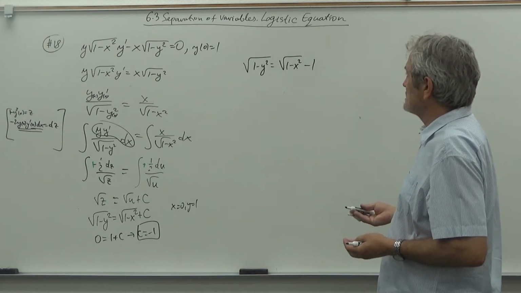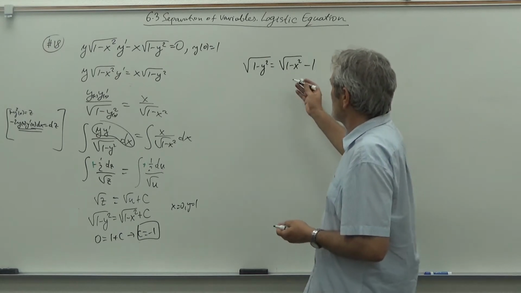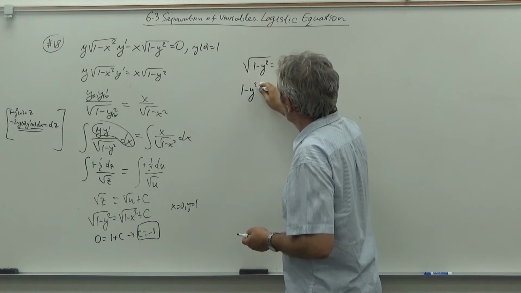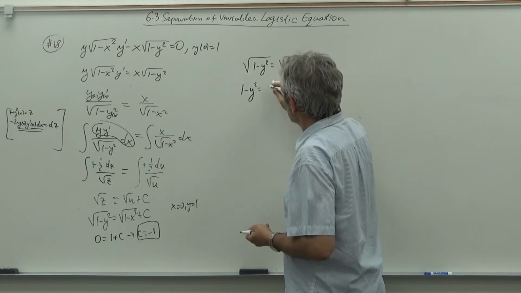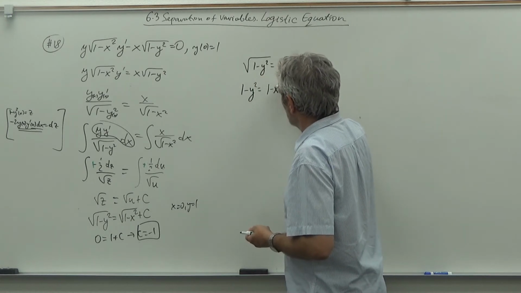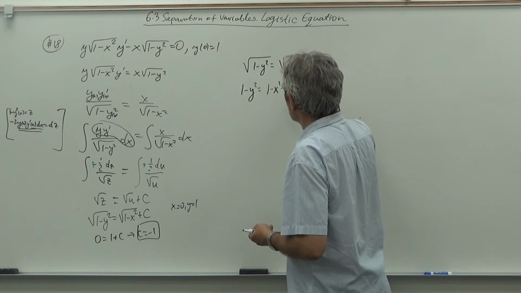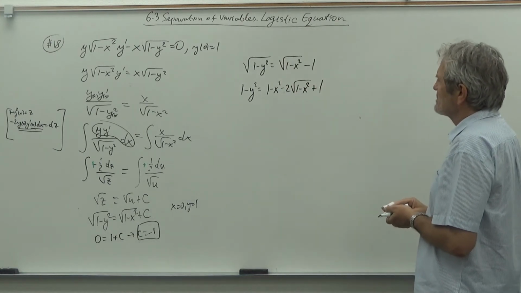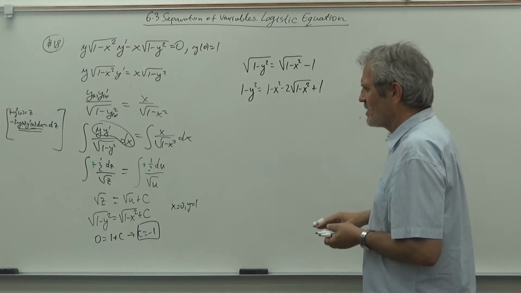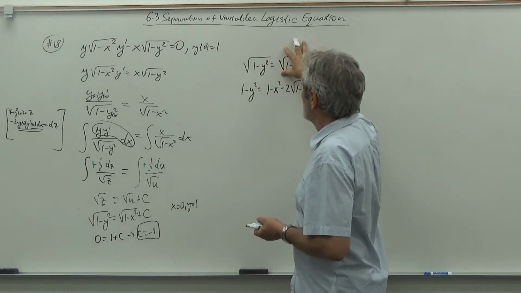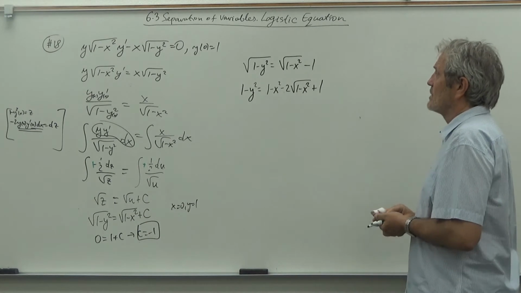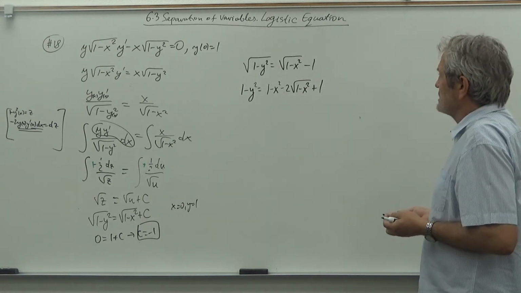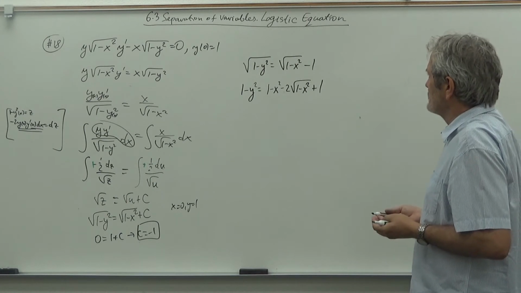So I would rather simplify this, I'll square both sides. So I get 1 minus y squared equals, when I square this, 1 squared first, 1 minus 2 square roots of 1 minus x squared. Sometimes people think that this is the most important. The moment when we get here, we are quite happy with our solution. But generally, if you can simplify, that's not a bad thing, of course.